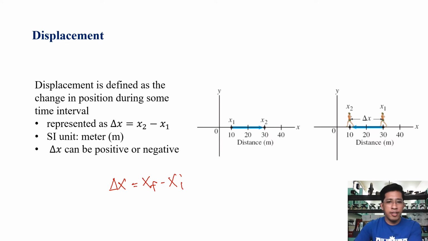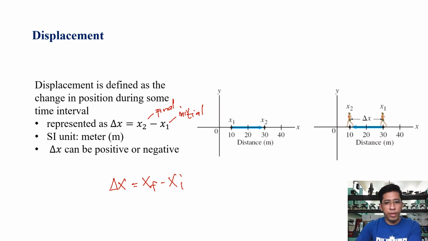Here, 1 is your initial position and 2 is your final position in space. The SI unit for displacement is meters, and your delta x can be positive or negative because displacement is a vector quantity.